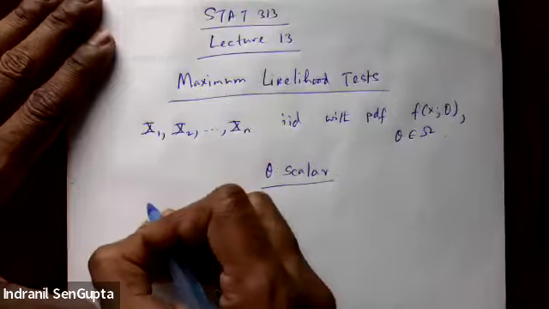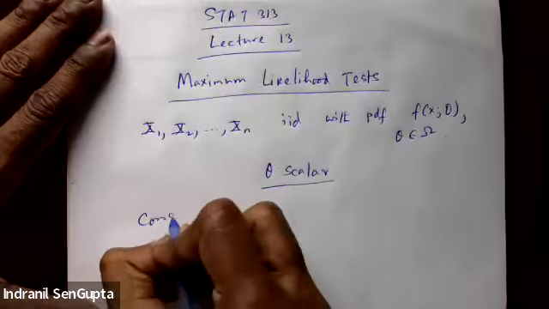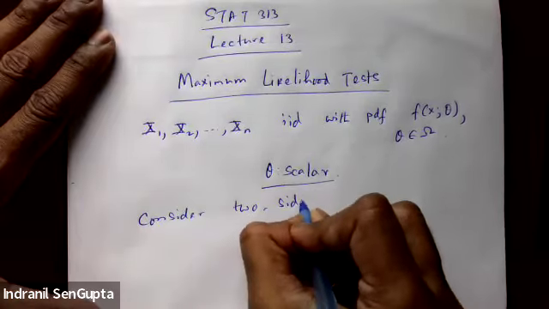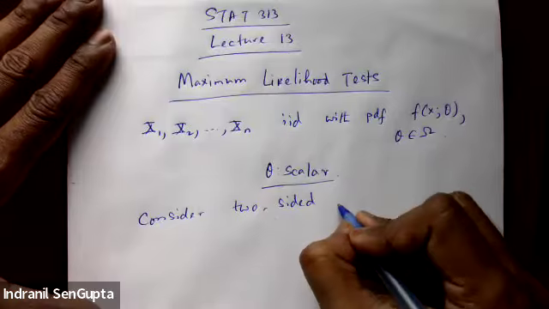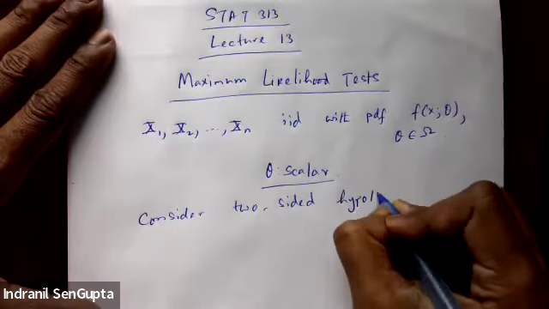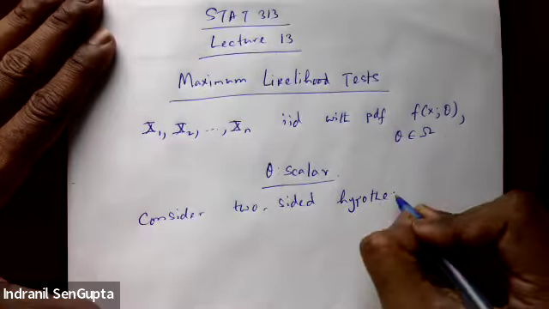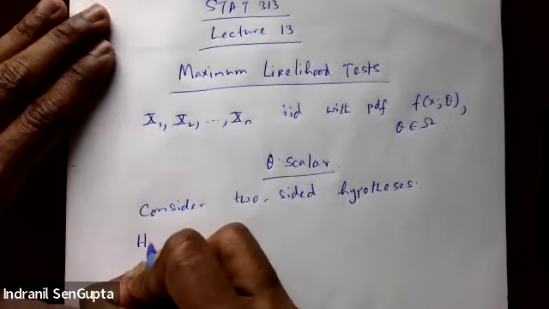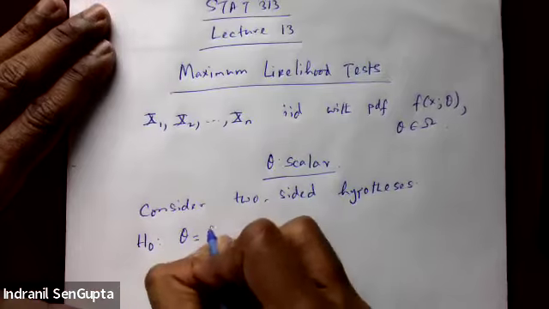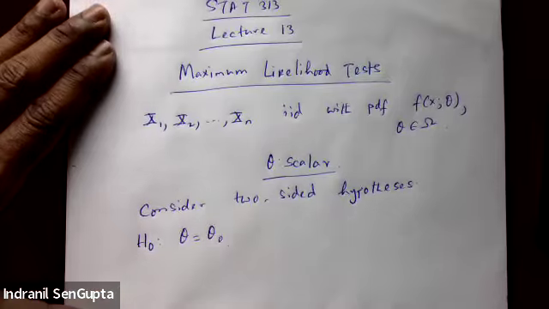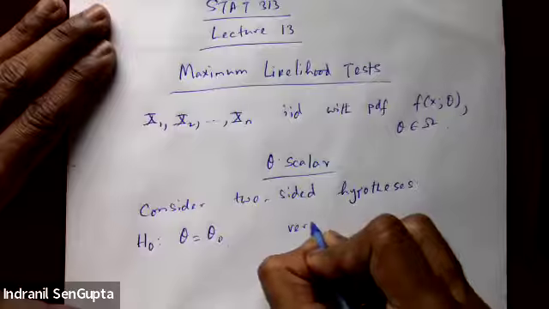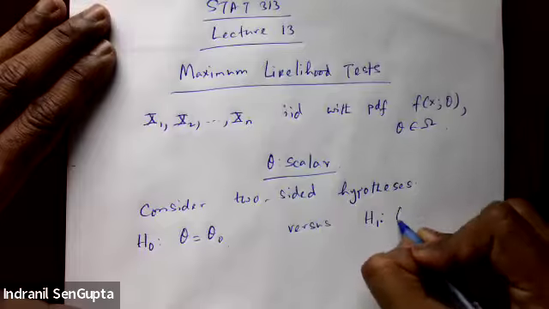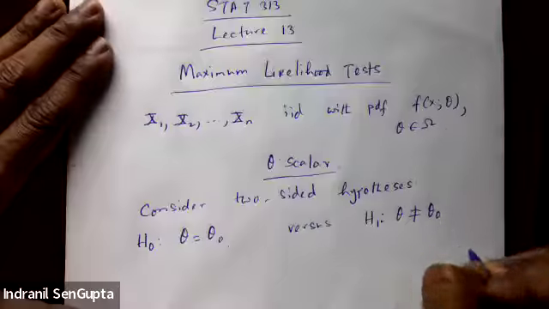Now we consider the two-sided hypothesis, where my null hypothesis H0 is theta equals a certain value theta sub 0, which is known, versus the alternative hypothesis H1, which is theta is not theta 0.